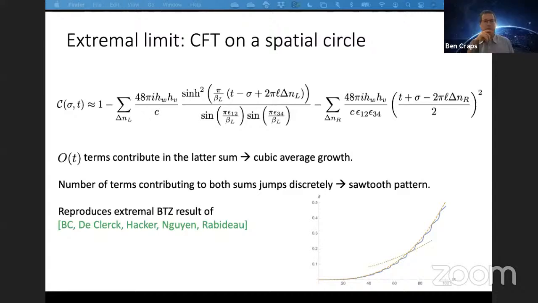Yeah, can I say one more thing about that? So I wonder if it's relevant that we are on this other sheet because of the OTOC. But no, I guess once you've mapped it to a scattering problem, you got rid of the OTOC, and then you are discussing a genuine scattering problem.